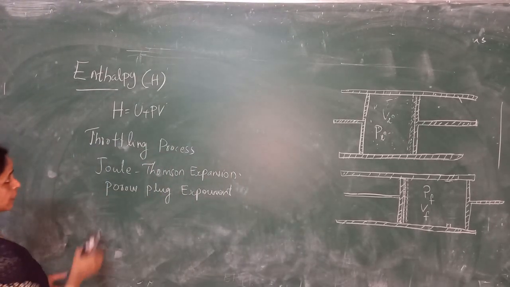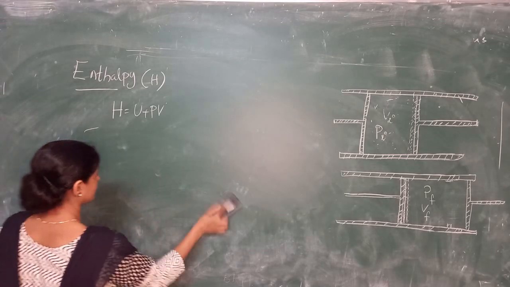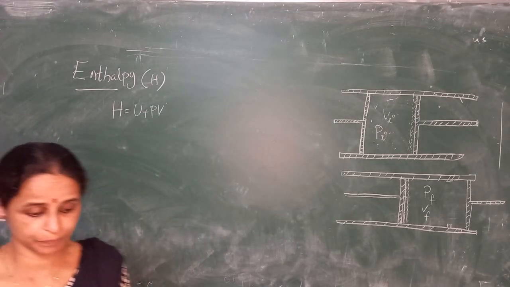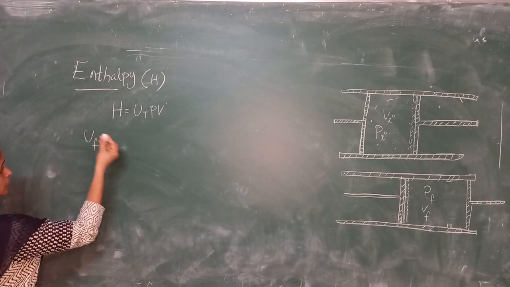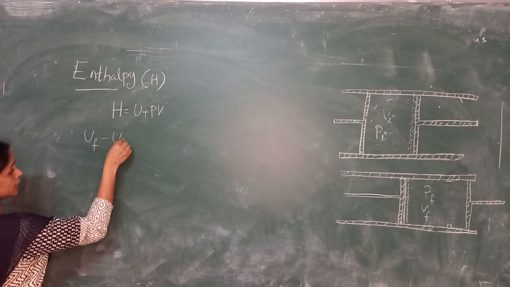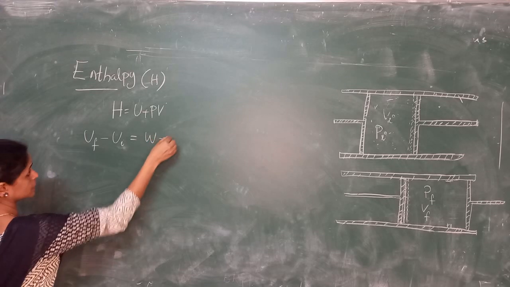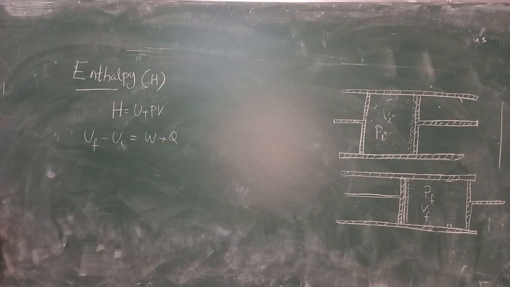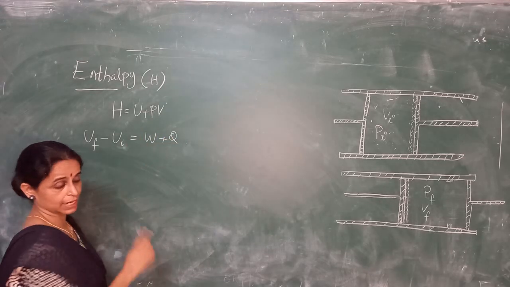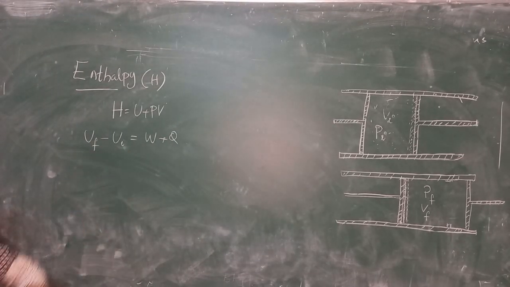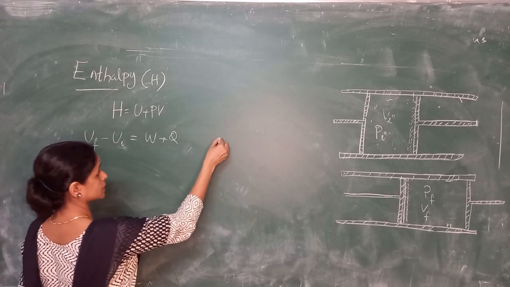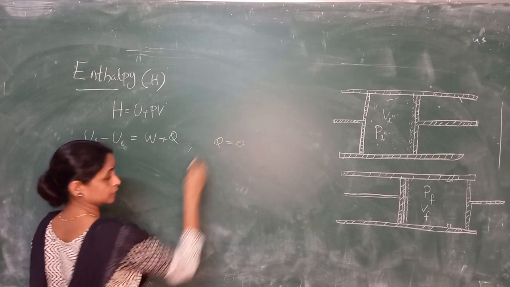From the first law you can write, what is the first law actually? The change in internal energy, Uf minus Ui, is equal to W plus Q. This W is the adiabatic work. Since this process is an adiabatic process, Q is equal to 0.